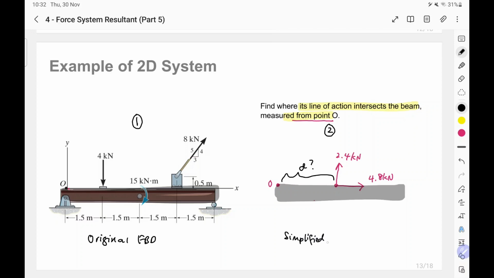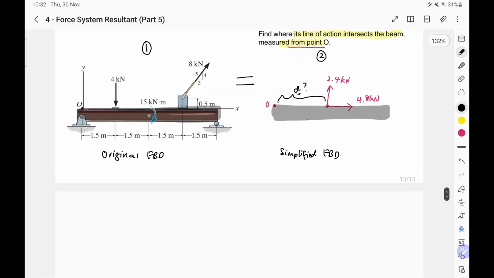It's the same system but simplified. Kalau you tengok dia punya load pun sikit lagi berbanding dengan load being subjected from figure 1. So in order for us to get the value of D, to get the point of application of the resultant force, apa yang kita boleh buat adalah kita buat comparison di antara figure 1 dan figure 2 dengan menggunakan persamaan moment. So how do we do that?